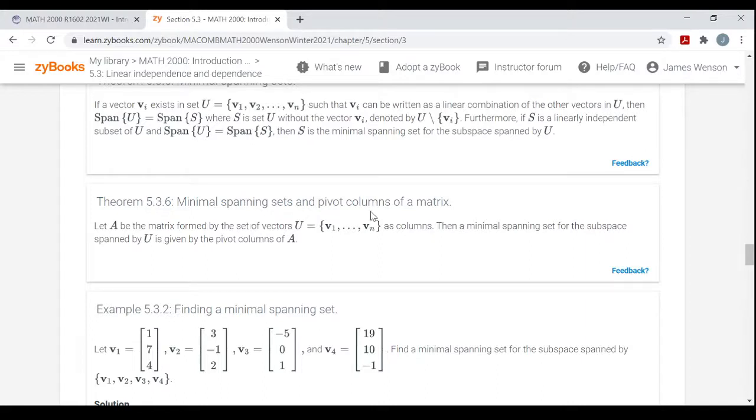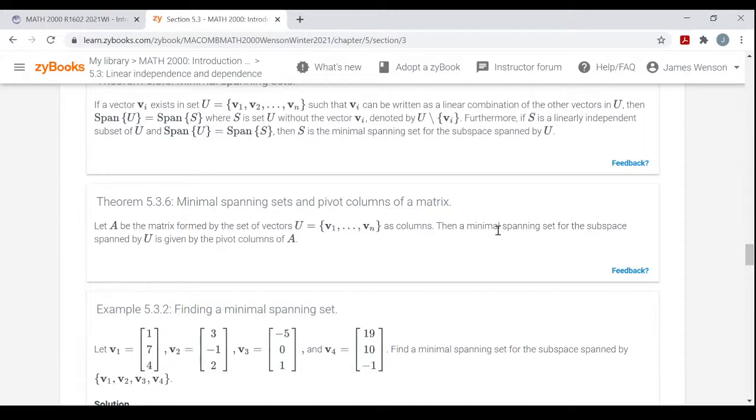So here's a very quick way to figure out what's a minimal spanning set. Suppose A is the matrix formed by the set of vectors v1 through vn as columns. Then a minimal spanning set, a minimal, not the, right? These won't be unique, but it'll be an easy way to find one.